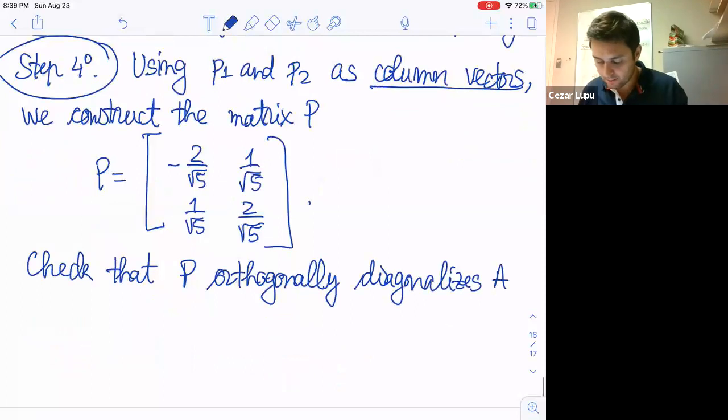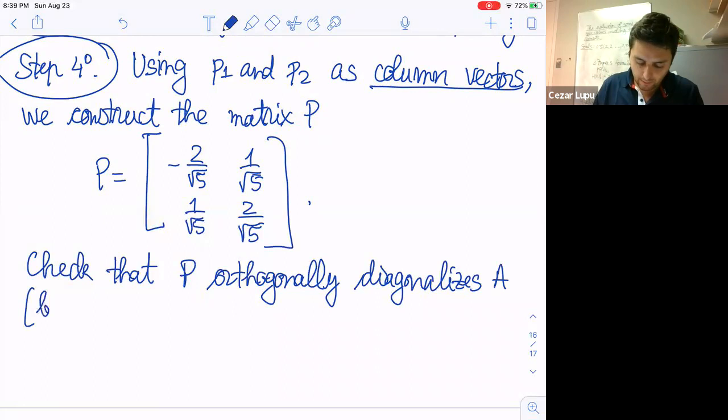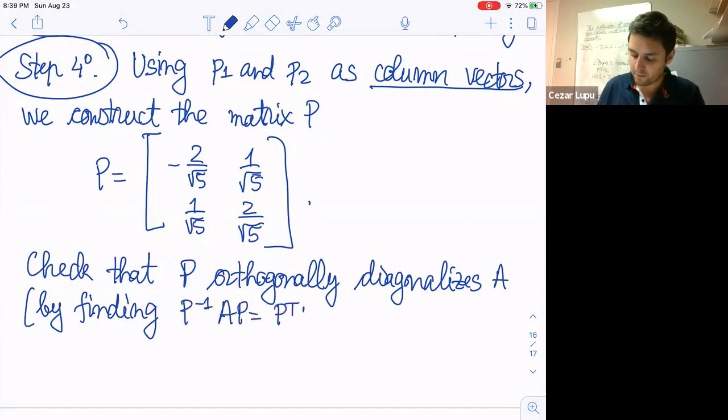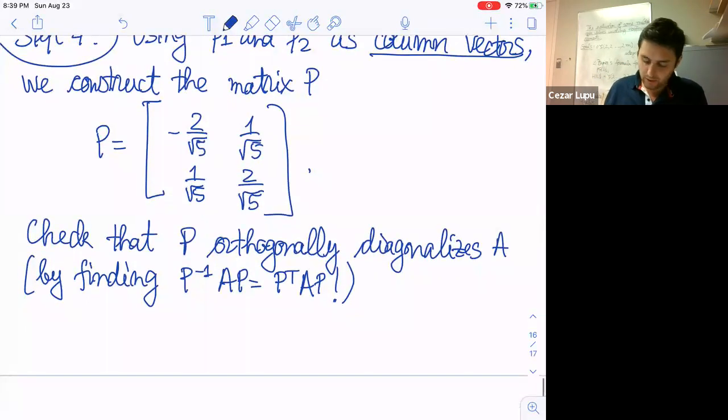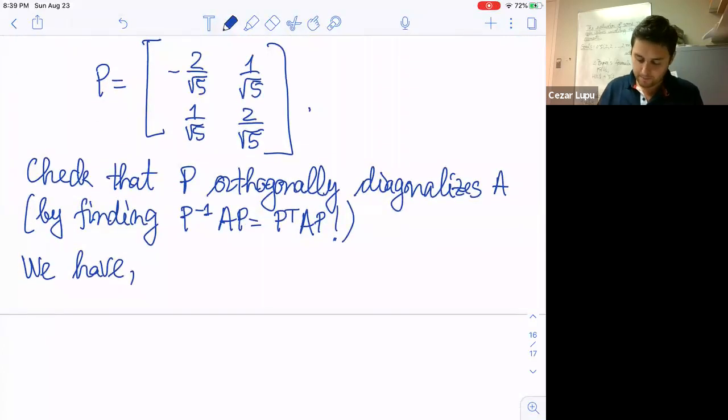How to do this is by finding P inverse times AP, which is nothing else than just P transpose times AP, right? So that's what we need to do. Once we do this computation, we have the following. We have P transpose times AP.